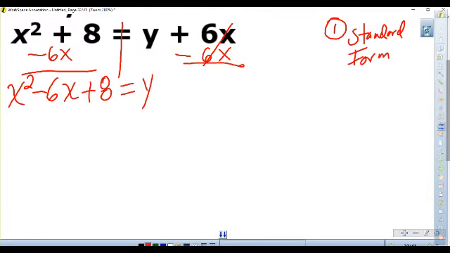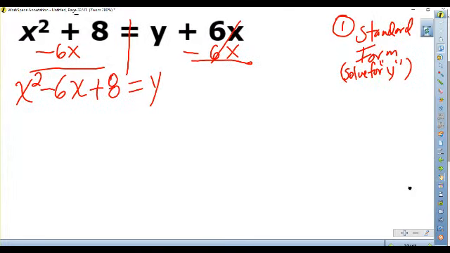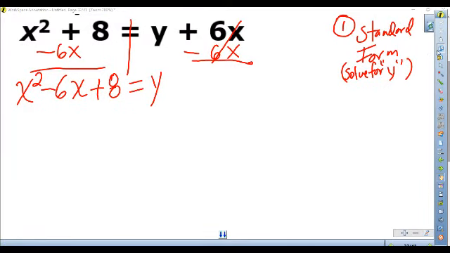We solve for what? So in parentheses, you're going to write solve for y. Step 2.